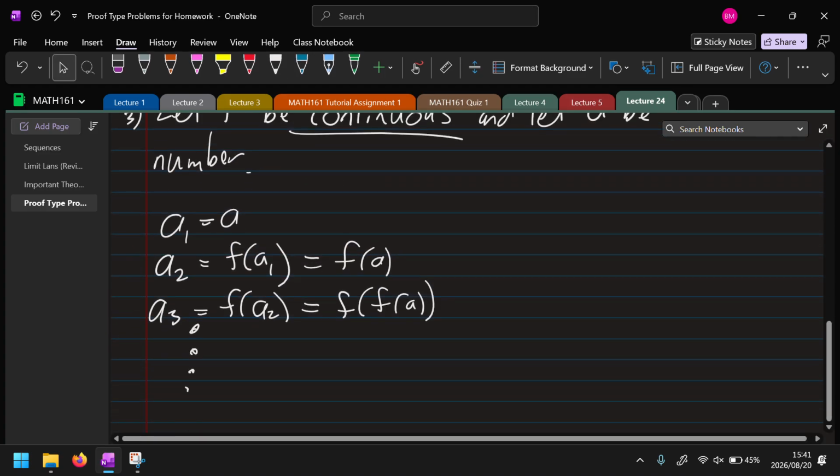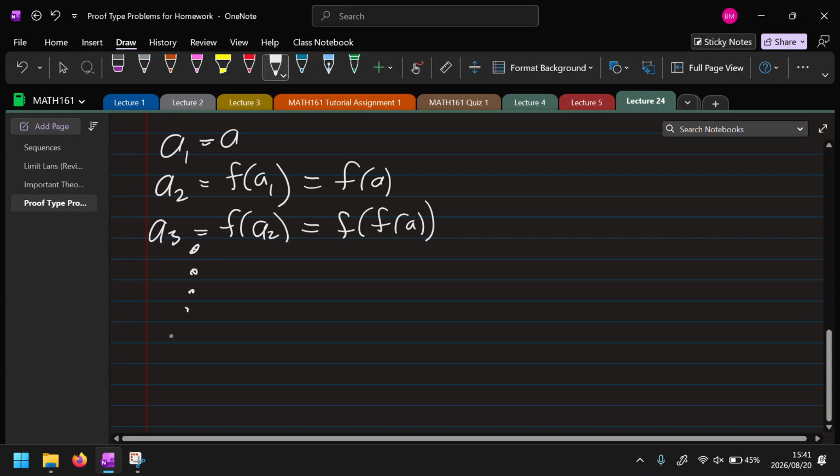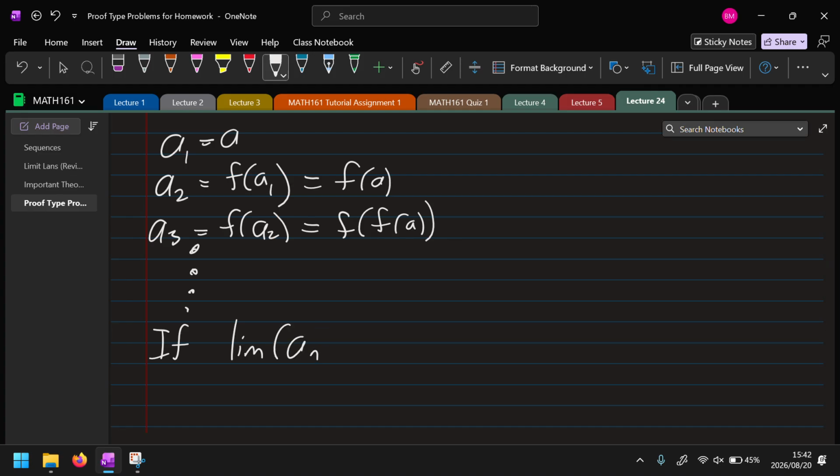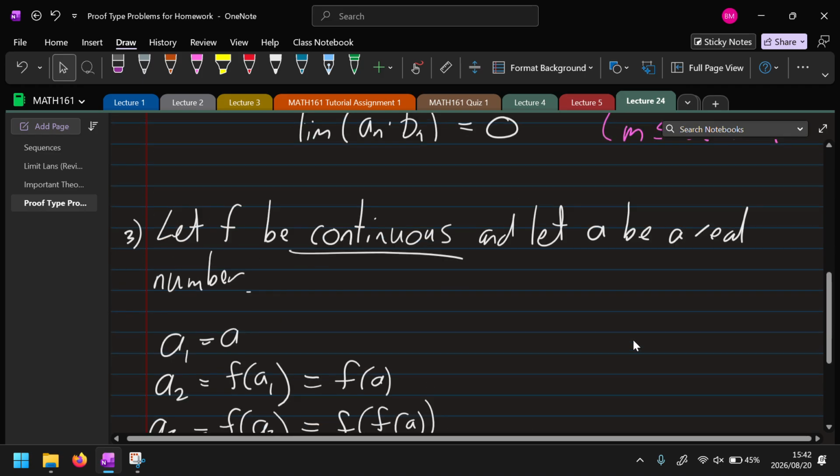Okay, so that's the setup. We have this following sequence, given some a and some f. So prove that if the limit of a_n is L, so we know it's convergent, converges to L, then f of L is L. We don't know anything else about this function. f is just continuous.